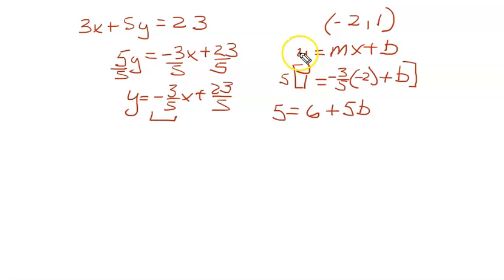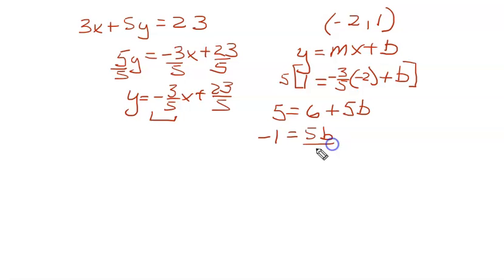So again, using slope-intercept form, we've replaced the x and the y. We have what our slope should be. Gotten rid of the fractions, and there I have this. So now my 6, I'm going to transpose, becomes -6. So this is -1 now equals 5b.